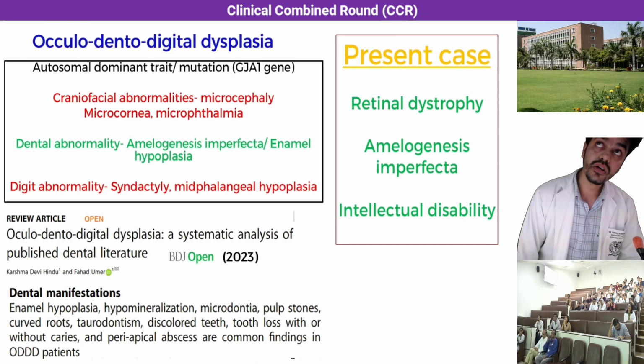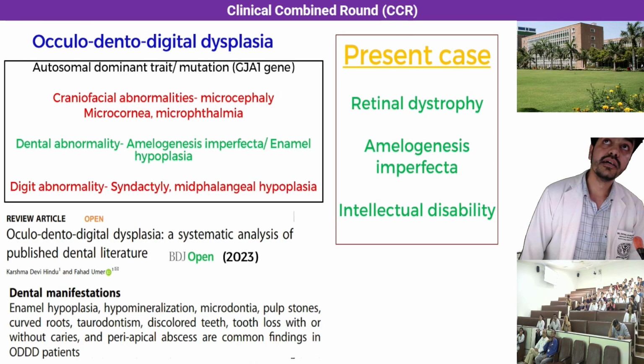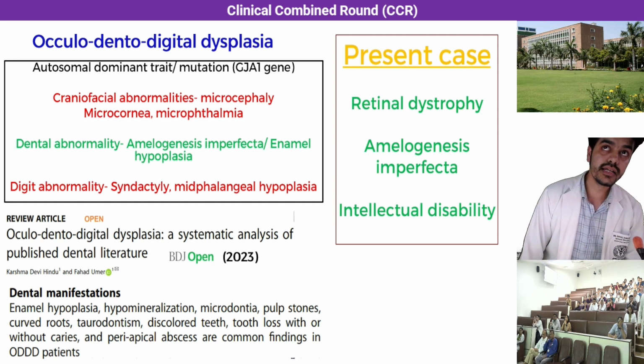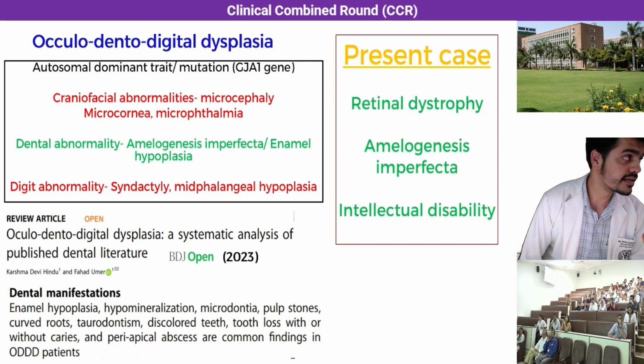The other is oculodentodigital dysplasia, characterized by microcephaly, microcornea, microophthalmia, dental abnormalities, that is amelogenesis imperfecta or enamel hypoplasia, and digital abnormalities including syndactyly and midphalangeal hypoplasia.